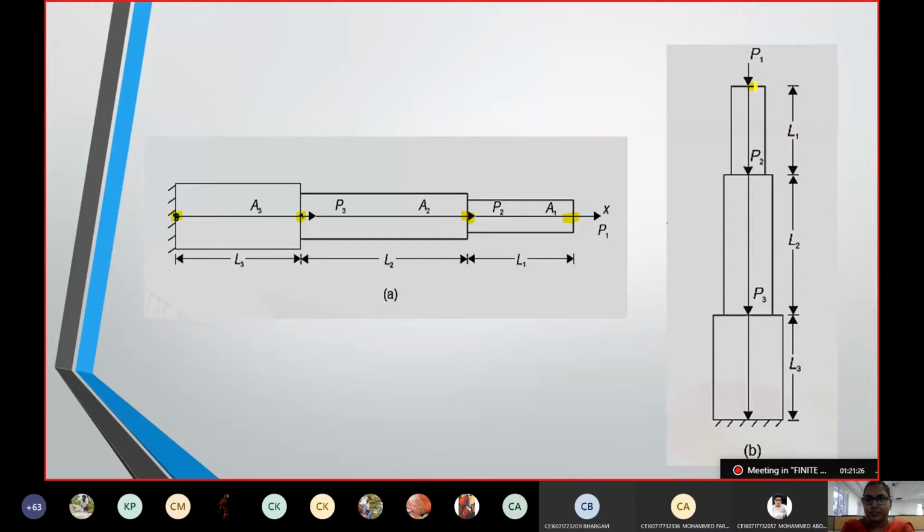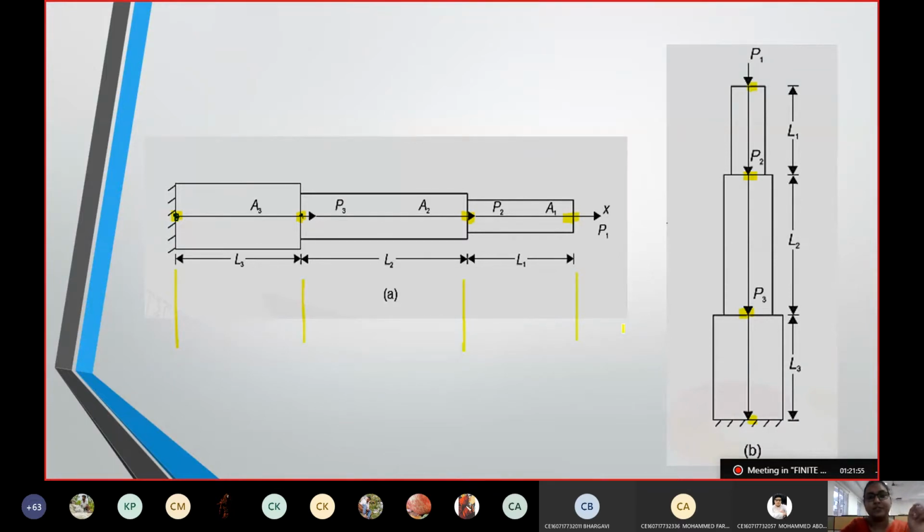Similarly, even here, I have coordinate 1, 2, 3, 4. So there are about 4 coordinates, or 4 nodes. How are you going to solve this? Because we know only the stiffness matrix for a 2-noded bar element, but this bar has 4 coordinates. So what we'll be doing is taking individual bars.